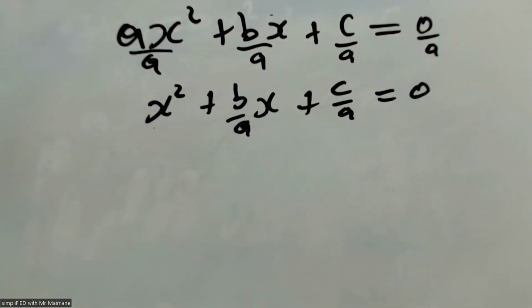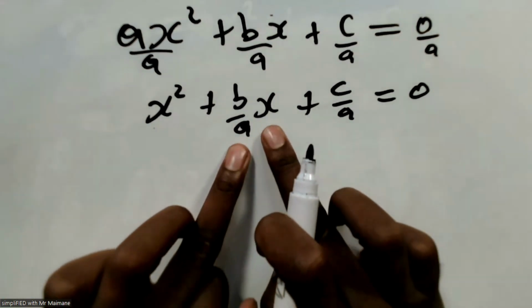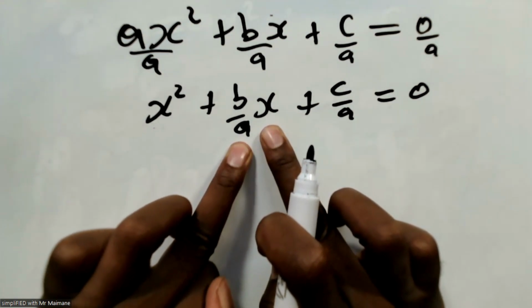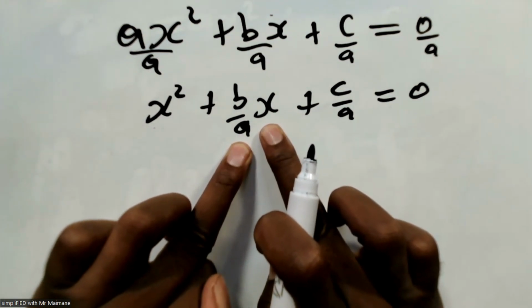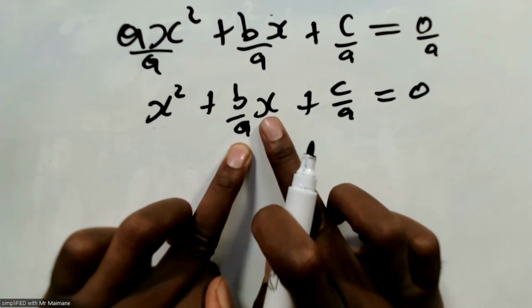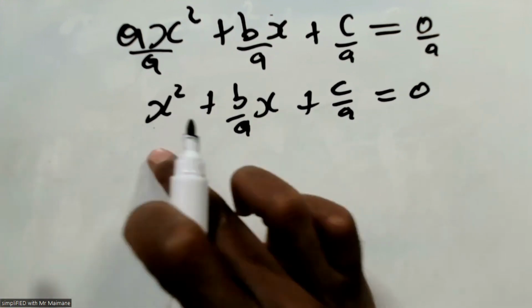The next step of completing the square is that I must add and subtract the square of half the coefficient of x in this equation.